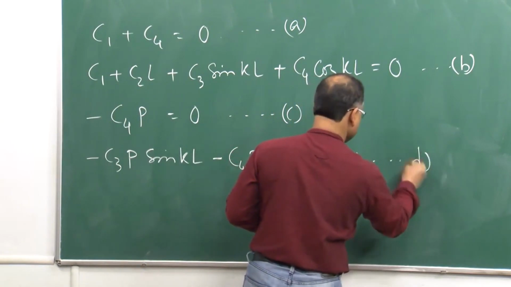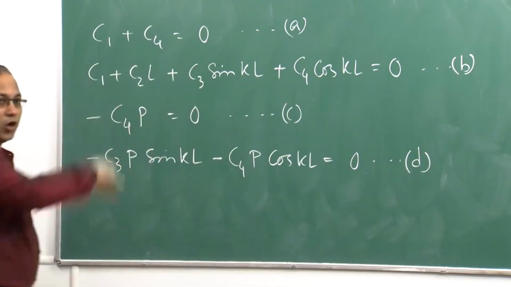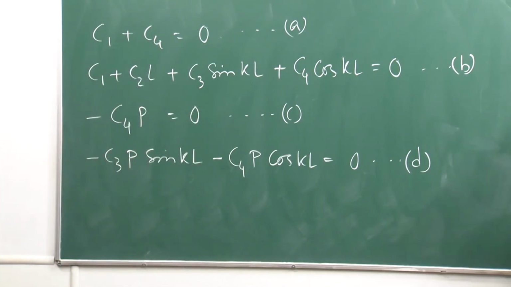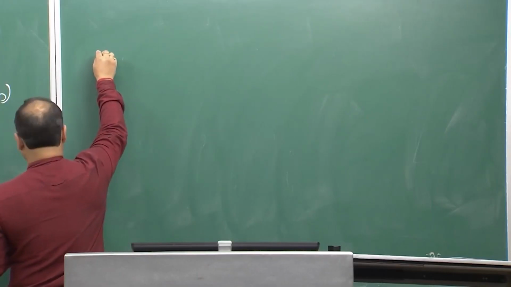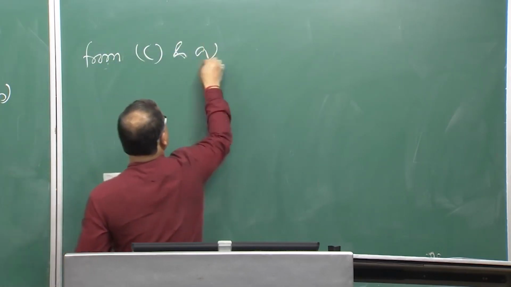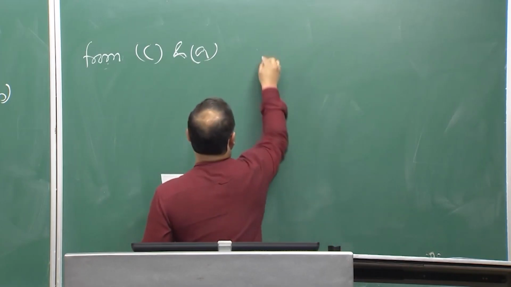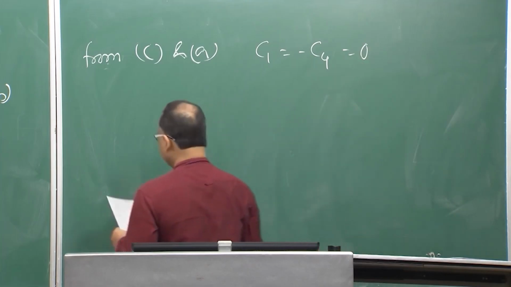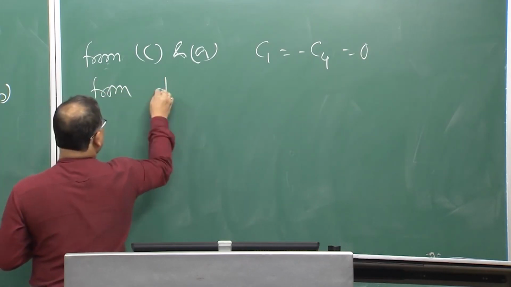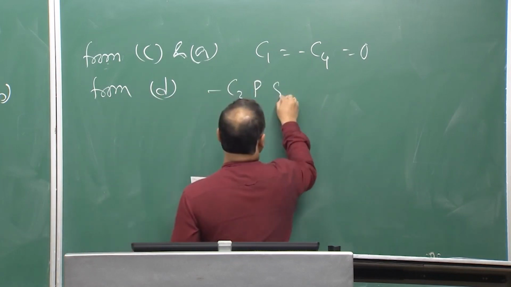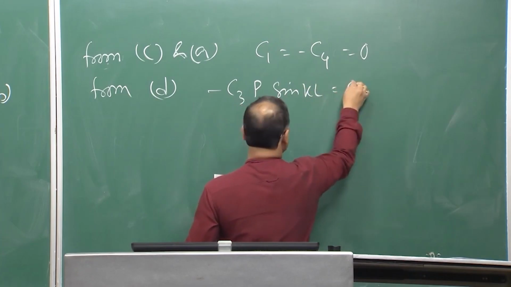So, equation D. Now, if you solve these 4 simultaneous equations, you will get the values of the integration constants. From C and A, you can get C1 equal to C4 equal to 0. From D we can write minus C3 P sin KL equal to 0.